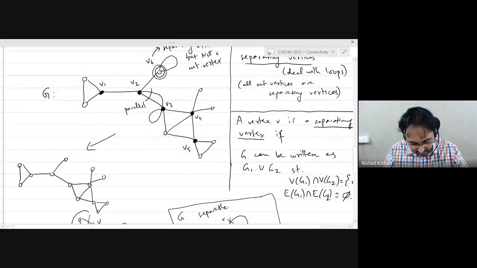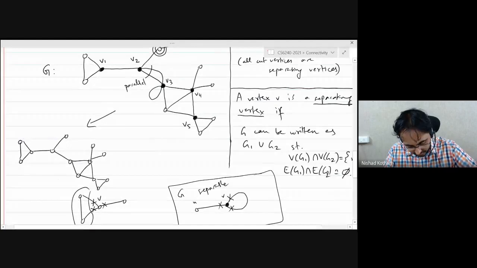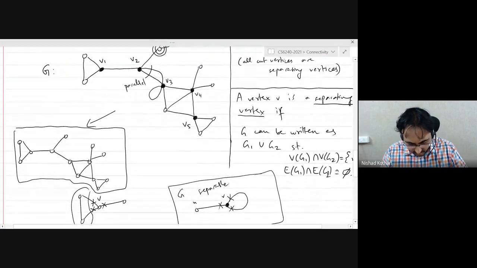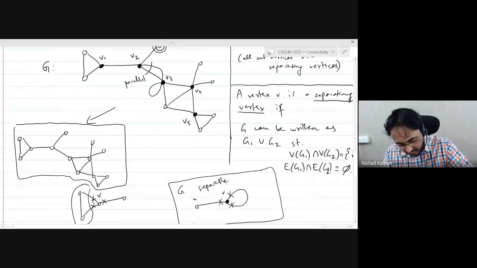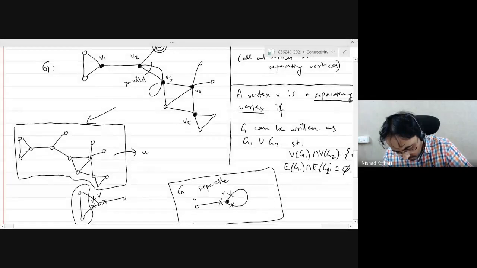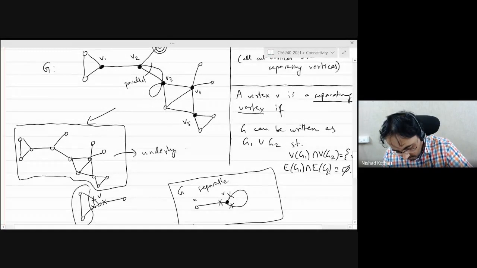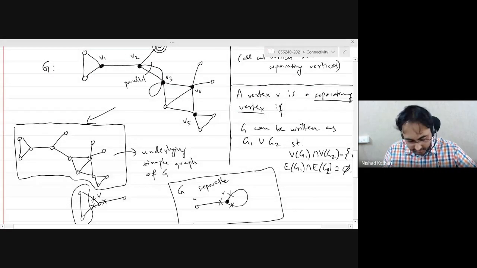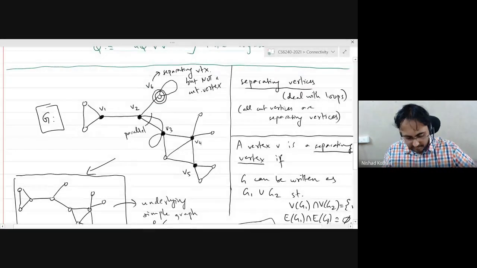If I didn't miss anything, then this is the underlying simple graph of G. So this terminology will be useful sometimes, where G is your given graph.